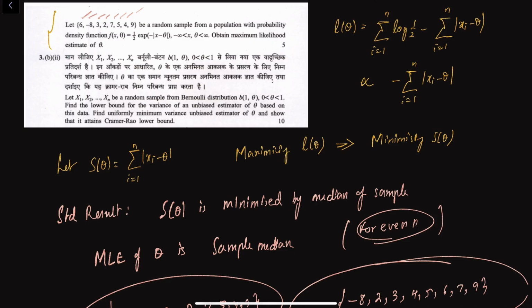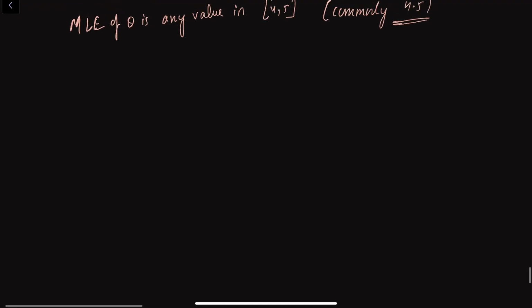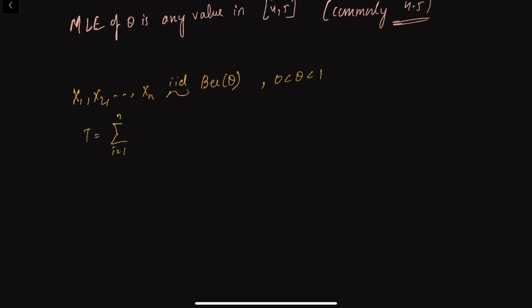So we need to find the UMVUE of θ, and we also need to show that it attains the Cramér-Rao Lower Bound. There are a lot of things in the question. So suppose x1, x2 and so on xn follow Bernoulli(θ) with 0 < θ < 1. Let T = summation i = 1 to n xi.